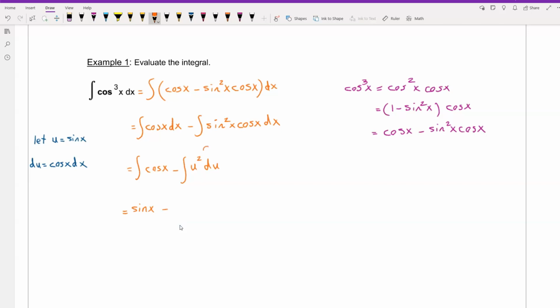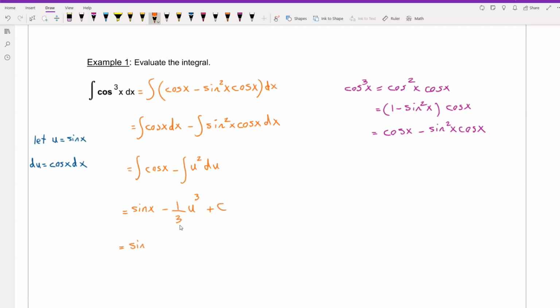Here the power is 2, so add 1. We have 3 for our power and use that in the denominator. So what we have is 1 divided by 3 u to the third power plus a constant, using c for the constant.